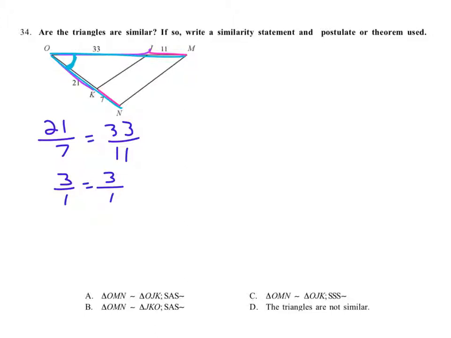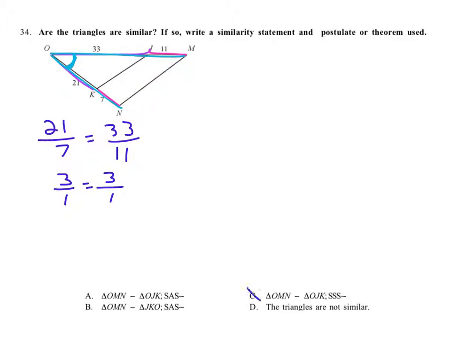And I can explain that a little bit more deeply later. It has to do with the segment addition postulate, 21 plus 7 is 28, 33 plus 11 is 44. So even the side splitter theorem says we can set them up like that. It's really a side angle, side situation that allows us to do it.